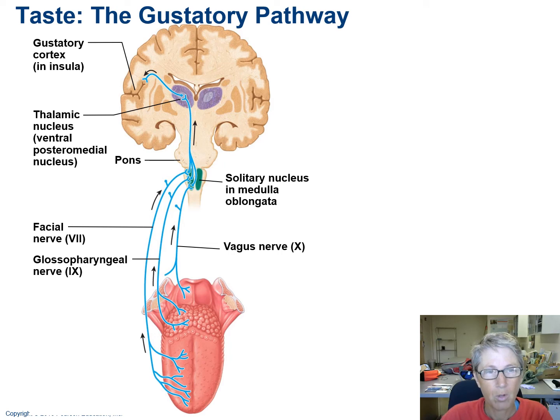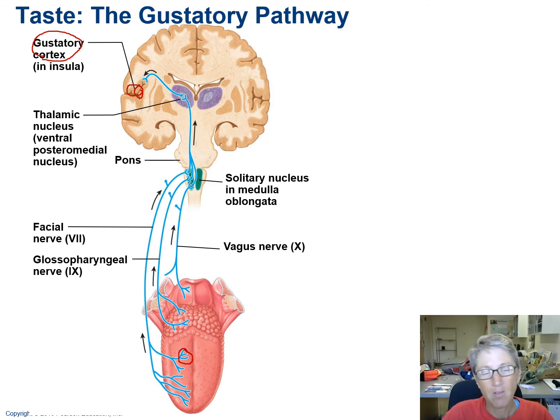Okay, so here's the gustatory pathway to the brain. Here's the gustatory cortex in this area, and you have to get from your tongue to the gustatory cortex in order to taste something. So this just shows these are the primary sensory afferent neurons, and their dendrites wrapping around those taste cells.